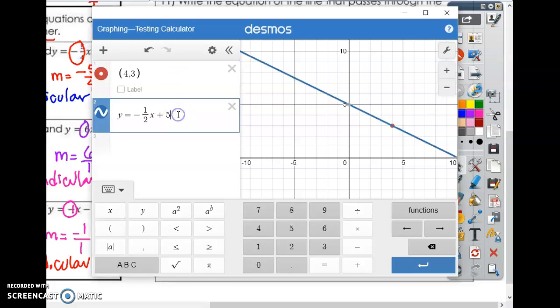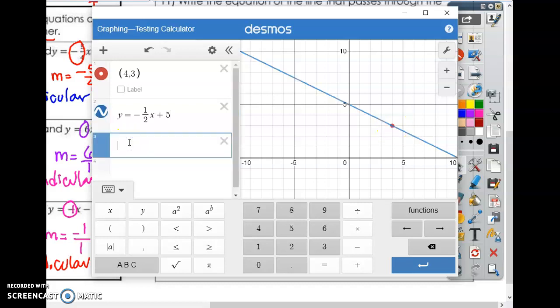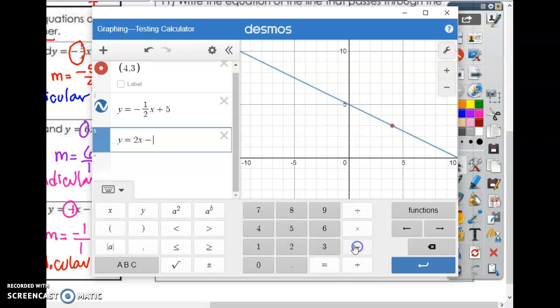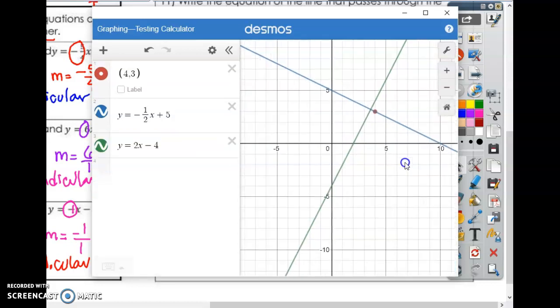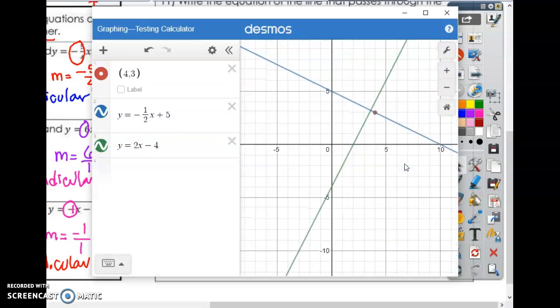This is my answer. It goes through the point, and let's check that it is perpendicular. My original line was y equals 2x minus 4. Do they look perpendicular? They do look perpendicular. Look, they form a right angle right there. The green line does not have to go through that point, just the blue line has to.